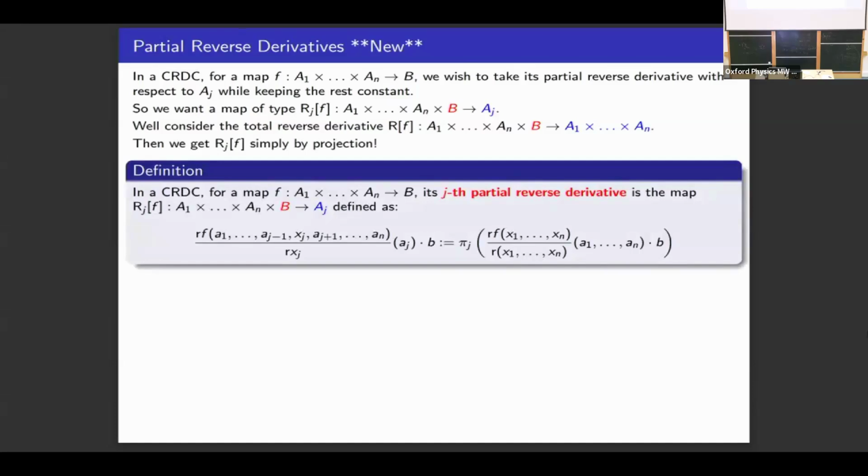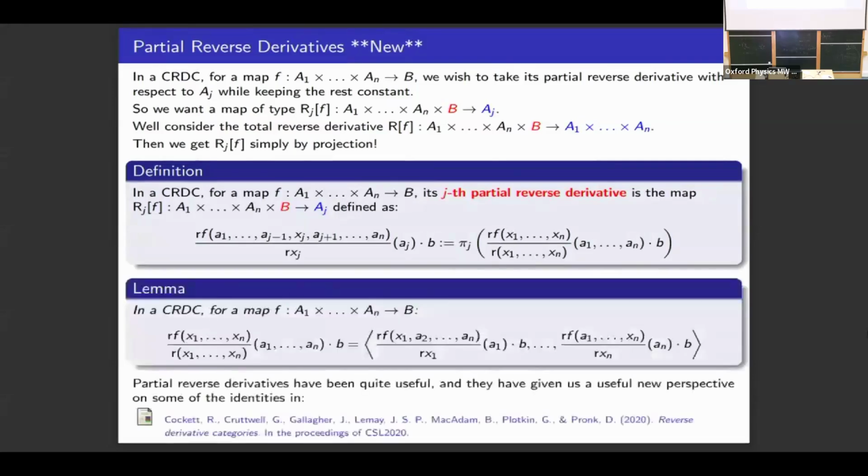And yes, this looks obvious, and I'm not saying it's not. We do get a nice little lemma that says, like in the examples where I said the reverse derivative was the tuple of the partial derivatives, the same is true here. The total reverse derivative is, by definition, because this is the universal property of the product, the tuple of the partial reverse derivatives.